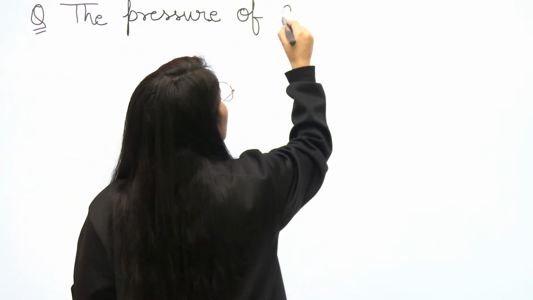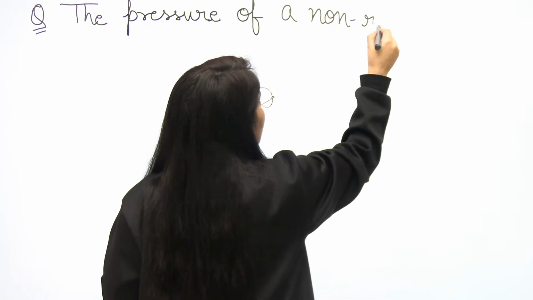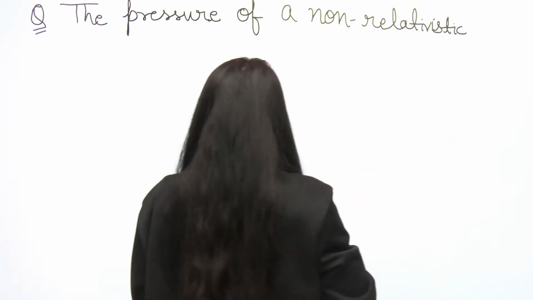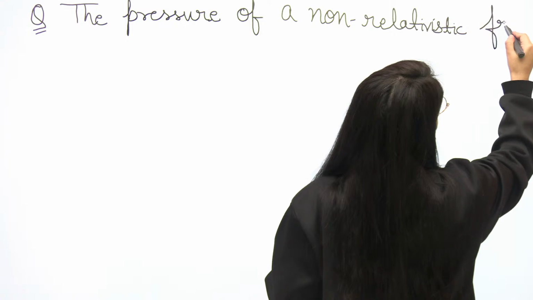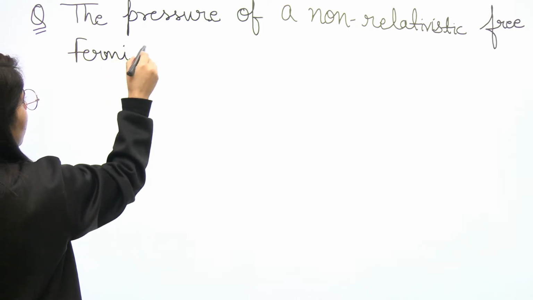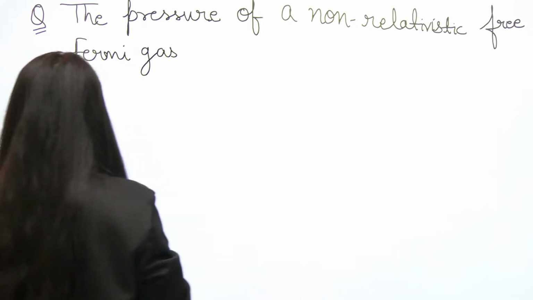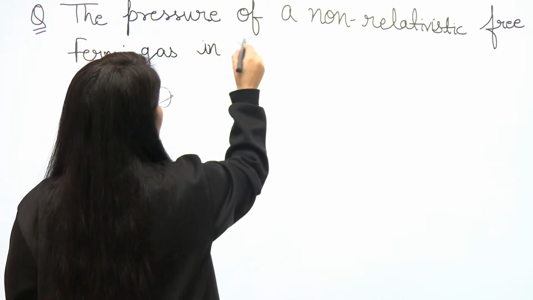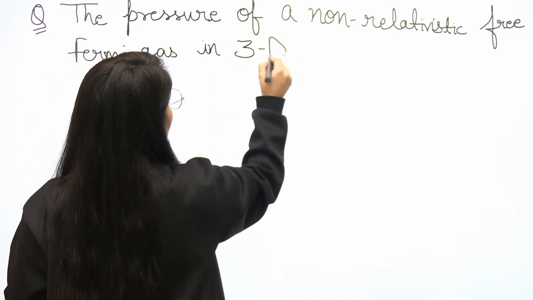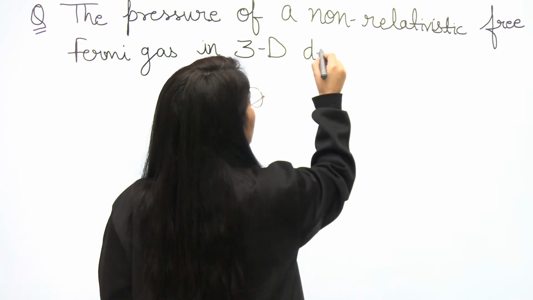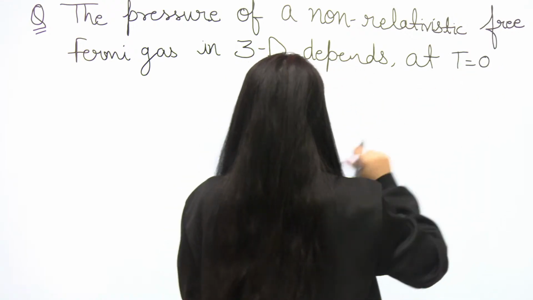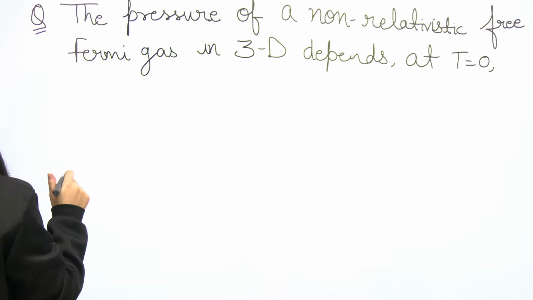The pressure of a non-relativistic free Fermi gas in 3 dimensions, 3D, at T equal to 0 depends on the density of fermions.